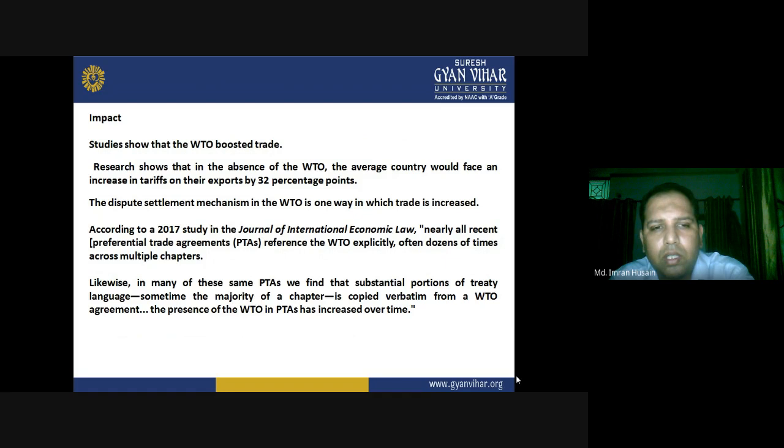According to a 2017 study in the Journal of International Economic Law, nearly all recent preferential trade agreements (PTAs) reference the WTO explicitly, often dozens of times across multiple chapters. Likewise, in many of these PTAs, a substantial portion of treaty language, sometimes the majority of a chapter, is copied verbatim from WTO agreements. The presence of the WTO in PTAs has increased over time.